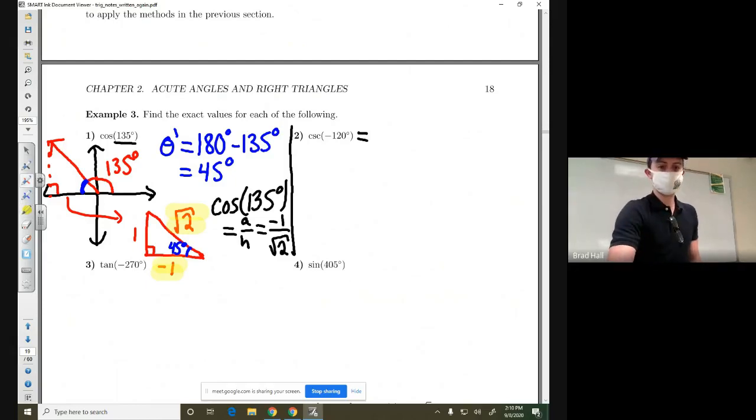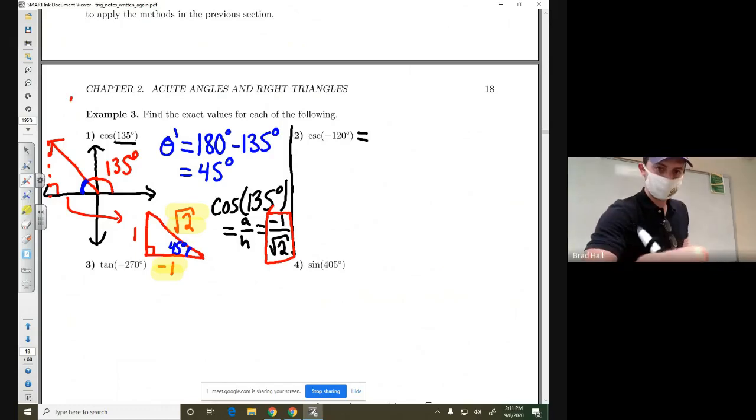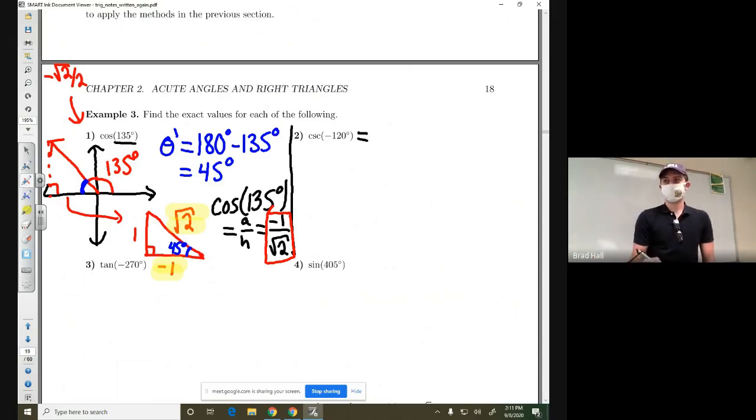The answer is -1 over the square root of 2. Or if you like to rationalize the denominator, it's negative square root of 2 over 2. Same thing. But you don't have to rationalize the denominator, just if you want to.